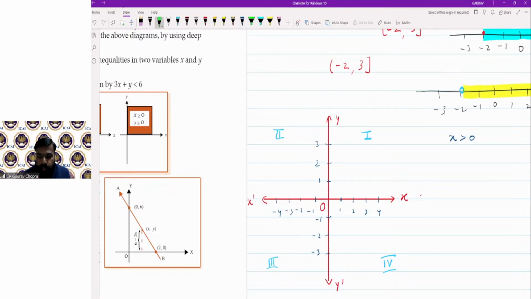So more than 0 will be this area. So x will be greater than 0, but y can be anything, positive, negative. So we have to include this portion. Do not touch the axis because it will become 0. So this is more than 0. Okay.